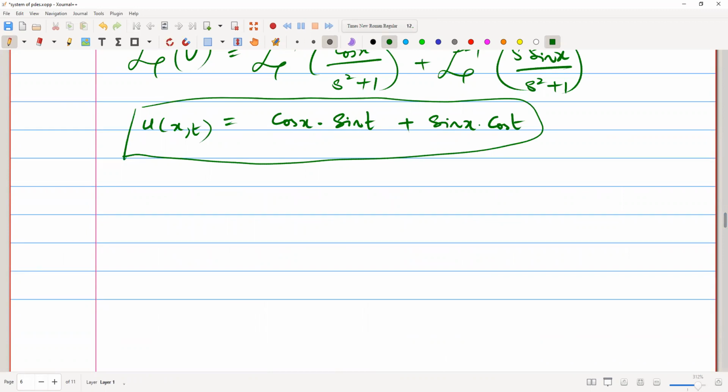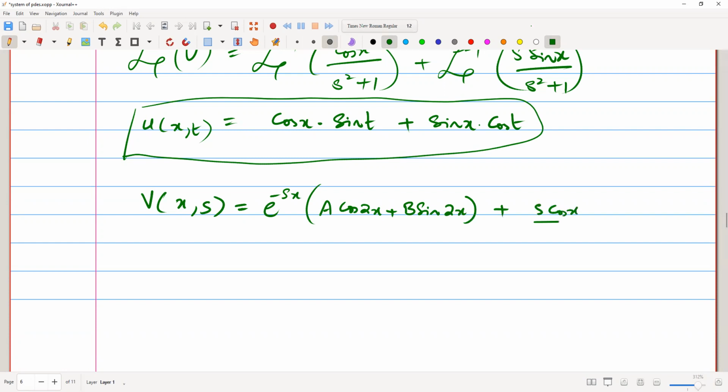So this is the solution for u of x comma t. In a similar manner, if we work for v of x comma t by taking appropriate boundary conditions, we will get the result as v of x comma s equals e to the power negative sx times a cosine of 2x plus b sine of 2x, plus s cosine x over s squared plus 1 minus sine x over s squared plus 1.